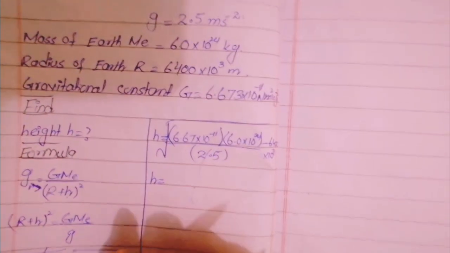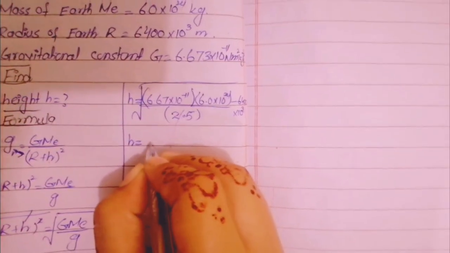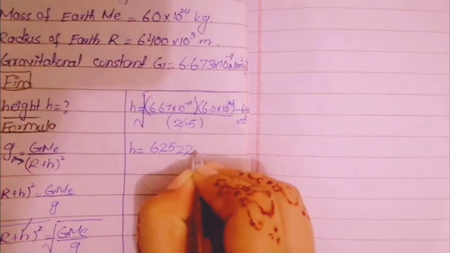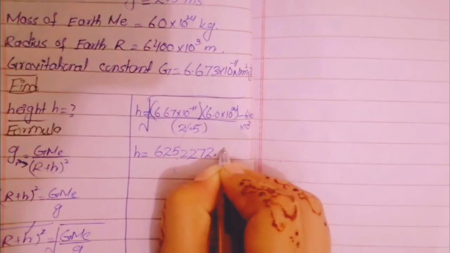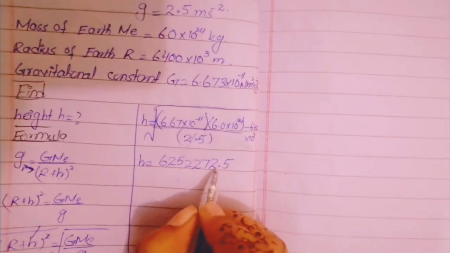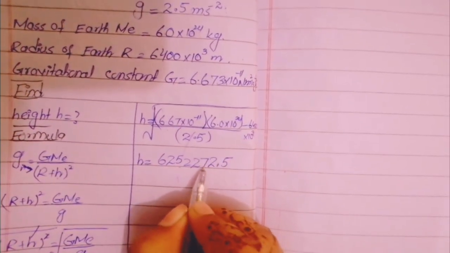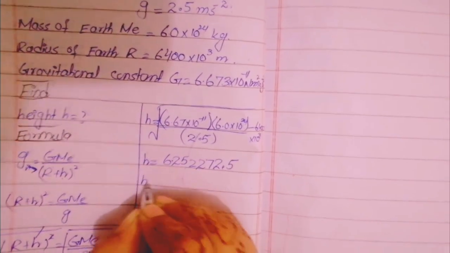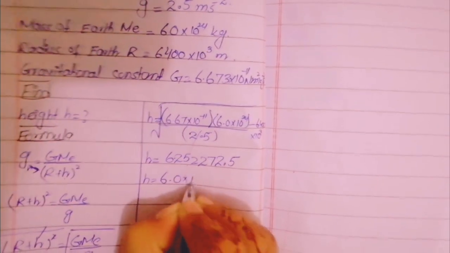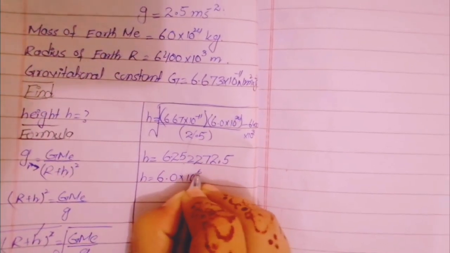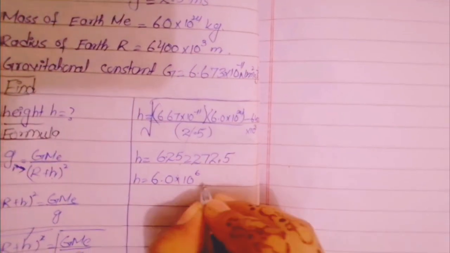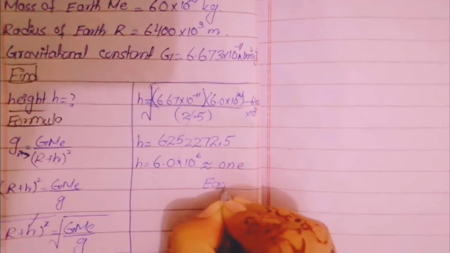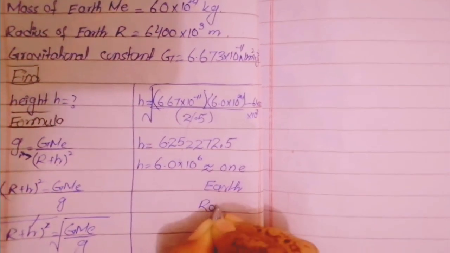Now we will solve this. It will become equal to 625222725. So we will move the decimal 1, 2, 3, 4, 5, 6 till here. So it will become equal to 6.0 multiplied by 10 raised to power 6, and this value is approximately equal to 1 Earth radius.